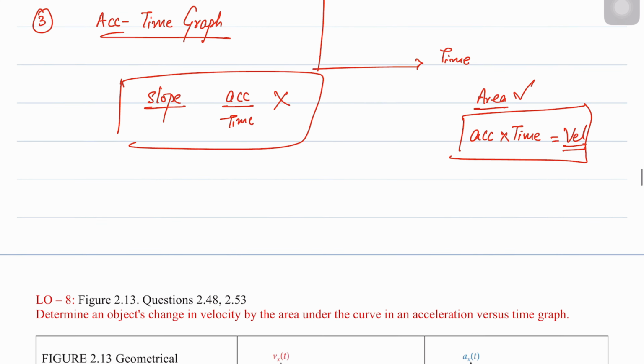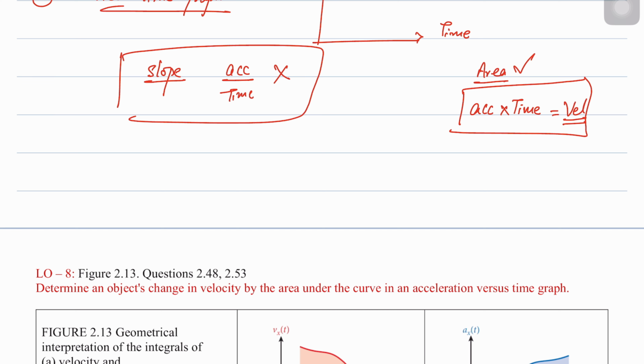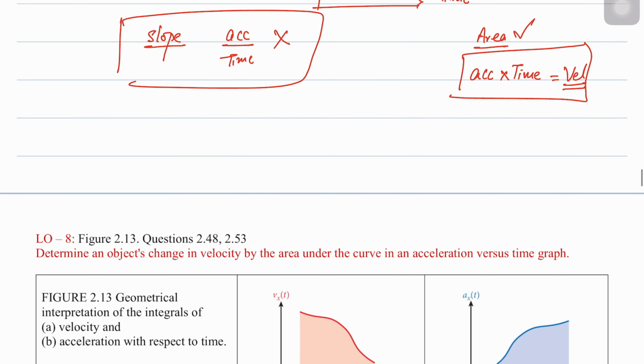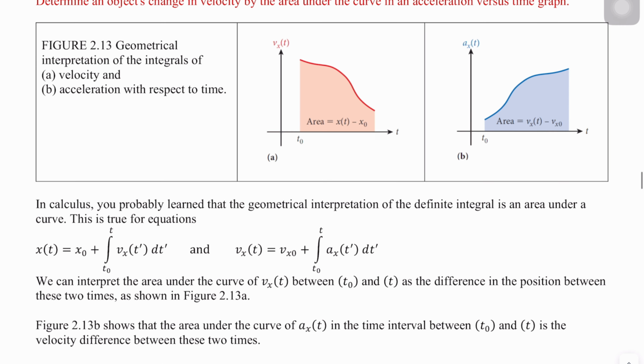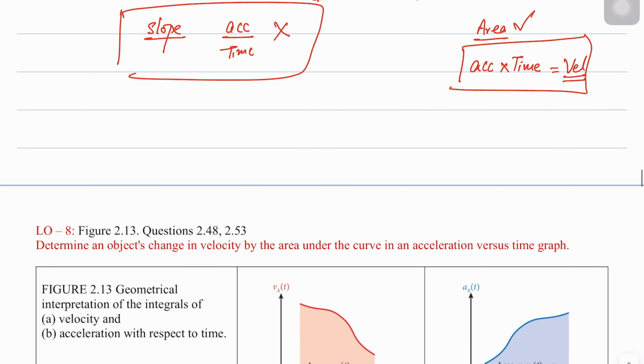Now there are simple equations you need to follow while solving any type of question. In terms of distance, can I say x minus x naught is velocity times time? Yes or no?